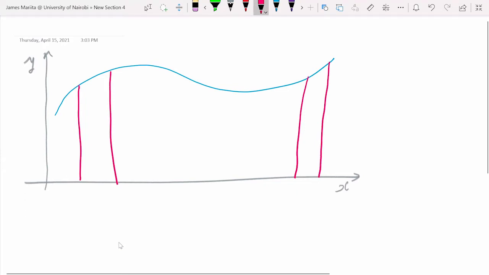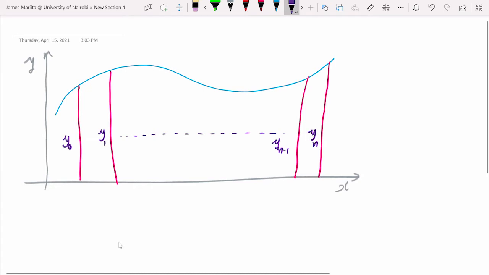We can have this as our y0, y1, and so on, up to yn minus 1.